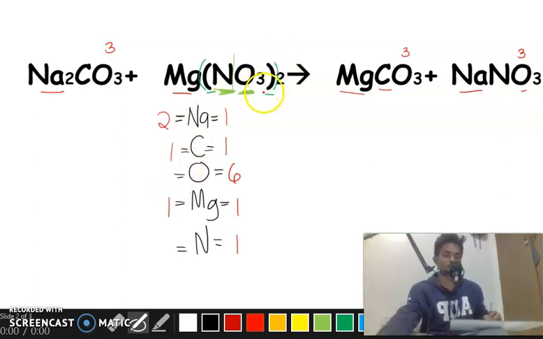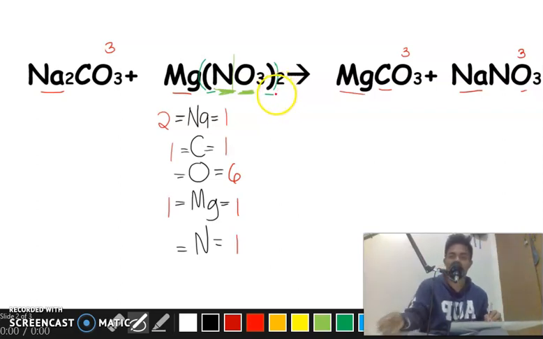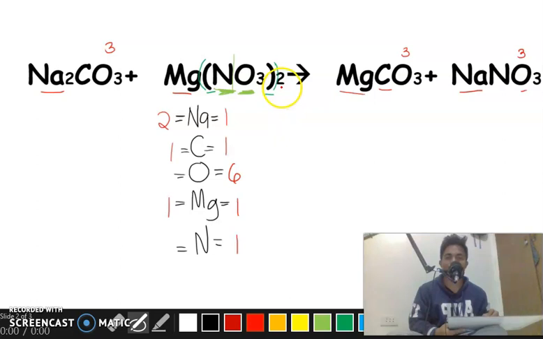So for nitrogen and oxygen, it's going to be different. So just use the distributive property of the parentheses. So if you have a subscript outside, all of the elements inside will be multiplied by that subscript that is outside the parentheses.